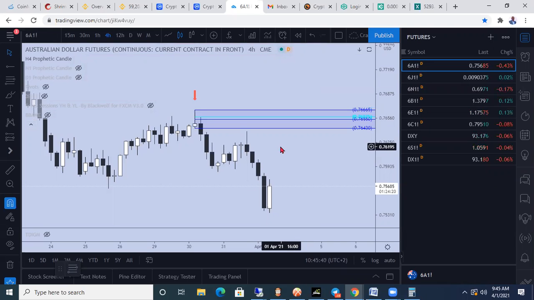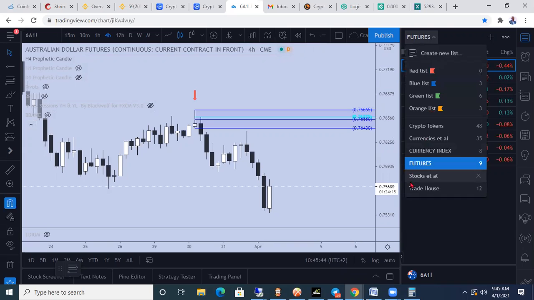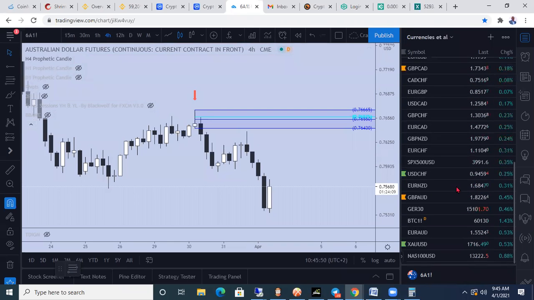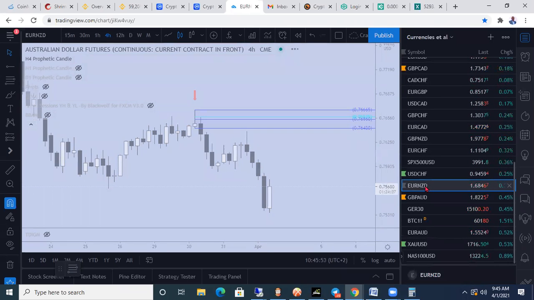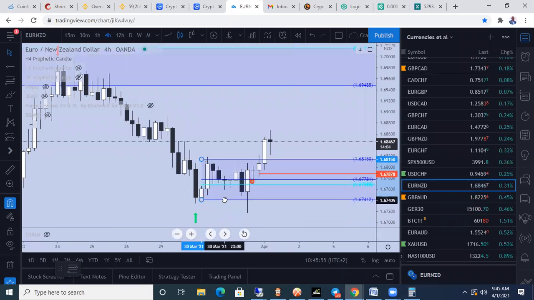Technically, we should be looking at GBP, except we want to scalp off the lower time frame, right? We shouldn't be looking at it, not because it won't work, but we might just get stuck in a consolidation, right? So we look at Euro NZD.